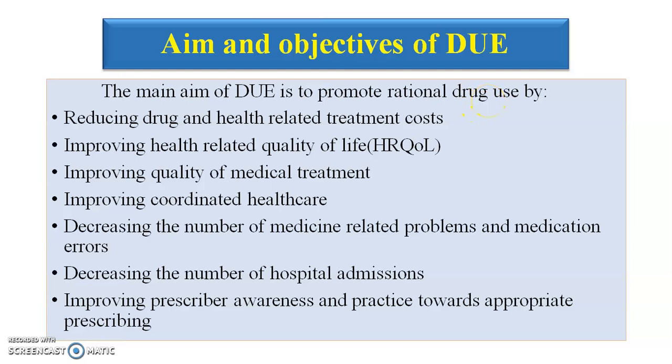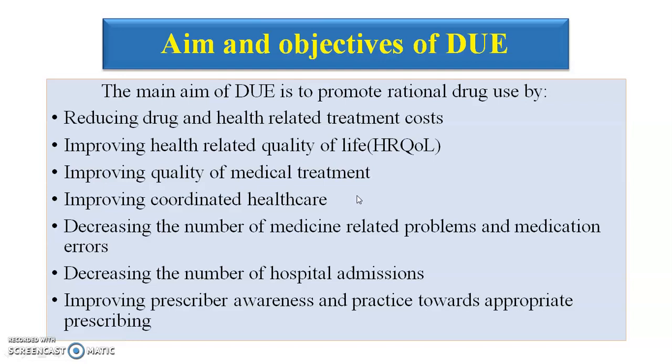The promotion of rational drug use can be done by reducing drug as well as health related treatment cost to the patient, improving the patient's health related quality of life, that is HRQOL, improving the quality of medical treatment, and improving coordinated healthcare, where, if a clinical pharmacist is there in the hospital, he can collaborate with the physicians and nursing staff in identifying ADRs, drug-drug interactions, and medication errors, so that improving coordination between the healthcare team leads to promoting rational drug use.